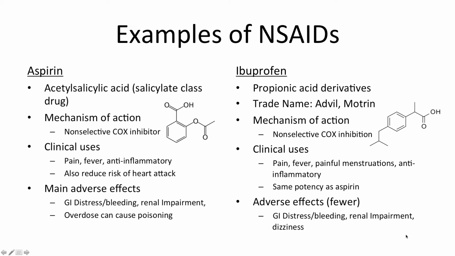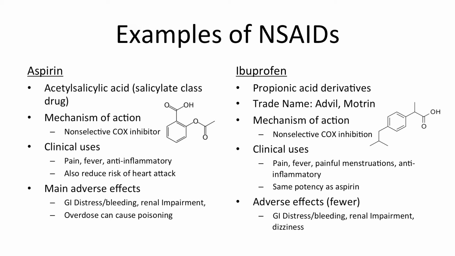Aspirin and ibuprofen are two examples of commonly used NSAIDs. Aspirin is acetylsalicylic acid, and it's a non-selective COX inhibitor, meaning it blocks both COX-1 and COX-2. Clinically, it is used to reduce pain and fever.